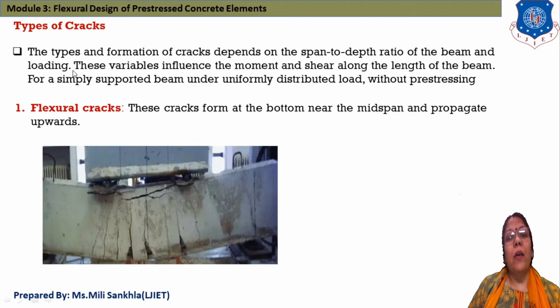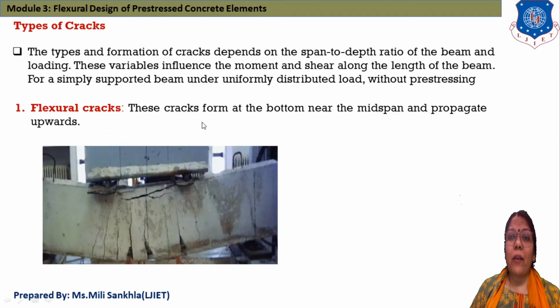Here we discuss a simply supported beam which is subjected to uniformly distributed load without pre-stressing. The important words are without pre-stressing. Here we discuss different types of cracks but without pre-stressing. The first crack is the flexure crack. Look at this: this simply supported beam deflects due to the self weight.